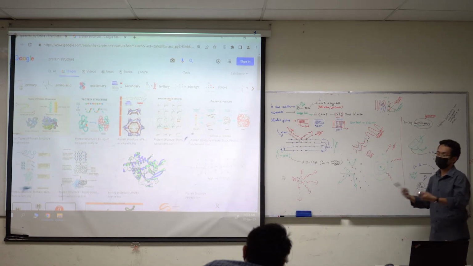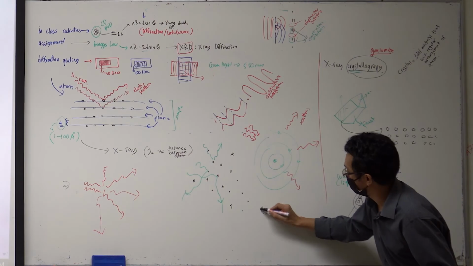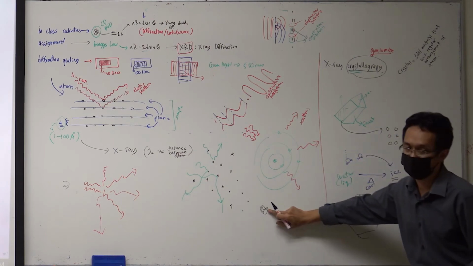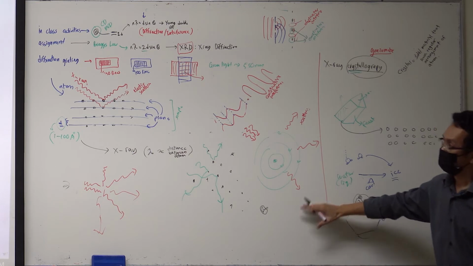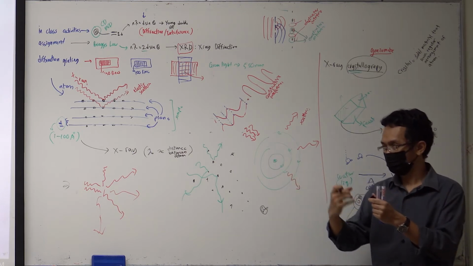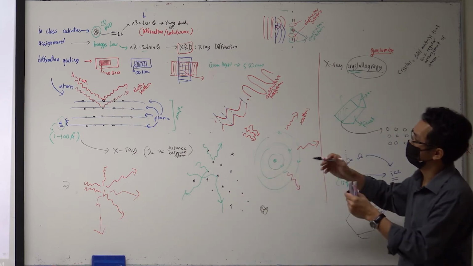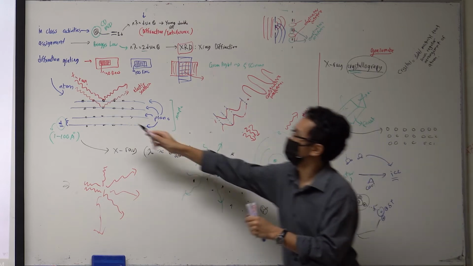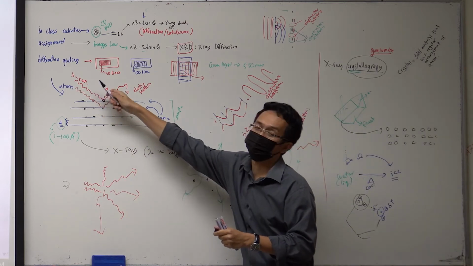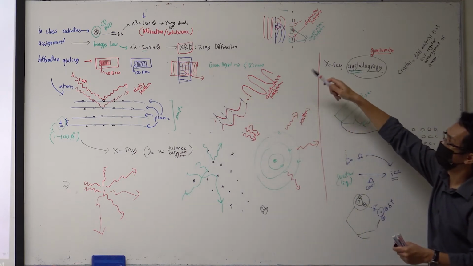And protein normally in your body is so small. So if you have only one protein, it's not enough to perform the XRD, because you need to have the repeated arrangement in order to create this periodic arrangement, so that you can utilize the X-ray scattering.